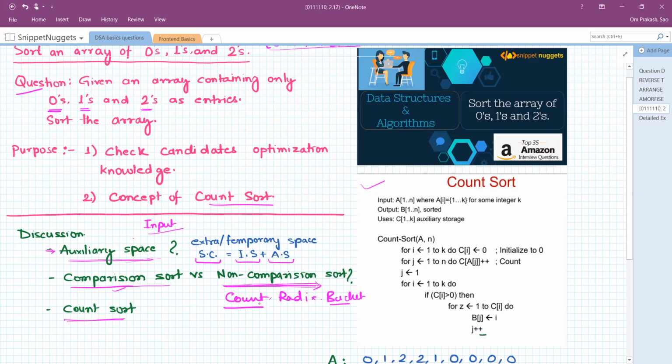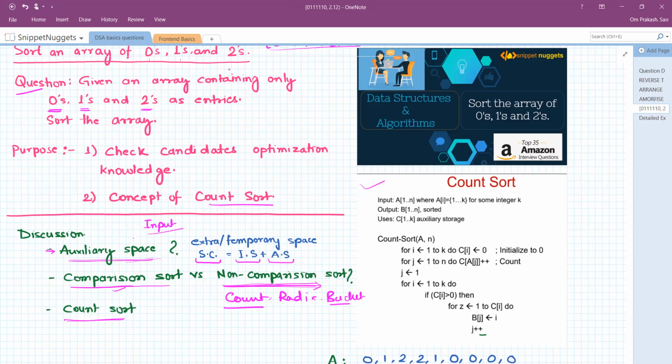For example, in counting sort, we count how many times each element occurs. In that way, we maintain a frequency or count of each element and then arrange them. So you can think that this question of arranging zeros, ones, and twos can be solved using counting sort, because here we can count how many zeros there are, then ones, and then twos.